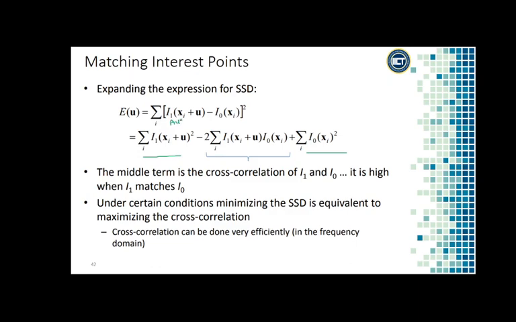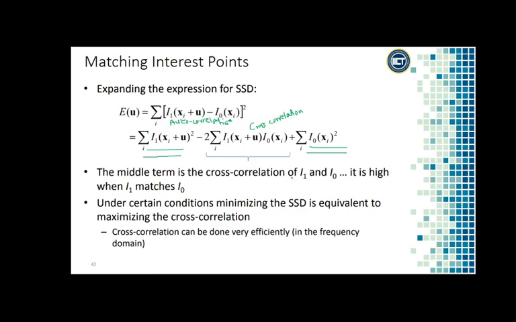Autocorrelation means this term is solely focused on the I1 image, the translated image, and therefore on the reference image. But what we are interested in is the cross correlation. This term represents the cross correlation, which takes into account both images.